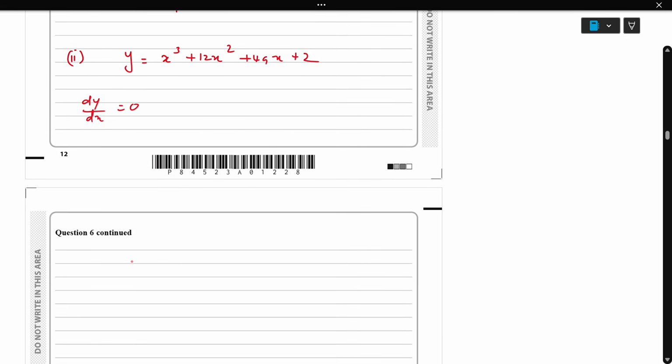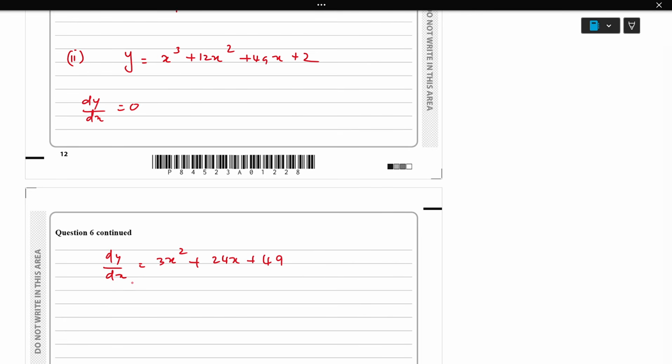So dy by dx equals 3x square plus 24x plus 49, which is equal to 0. So 3x square plus 24x plus 49 equals 0.